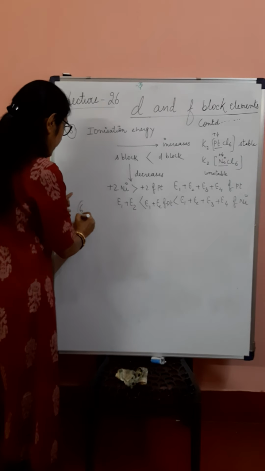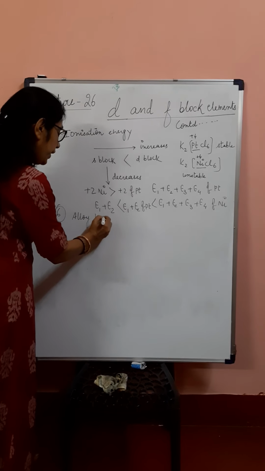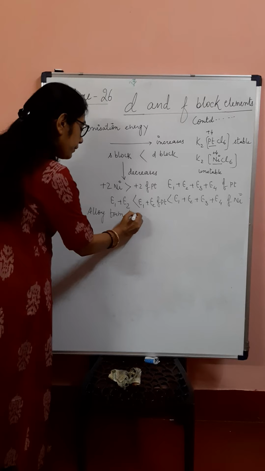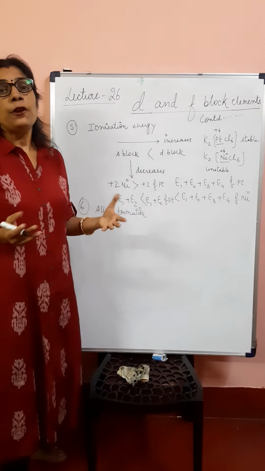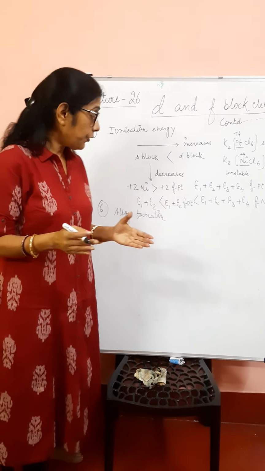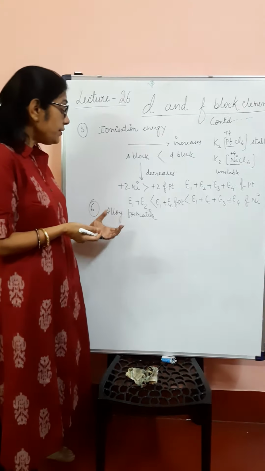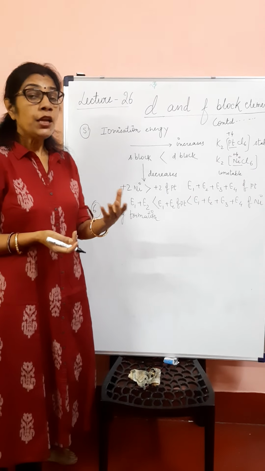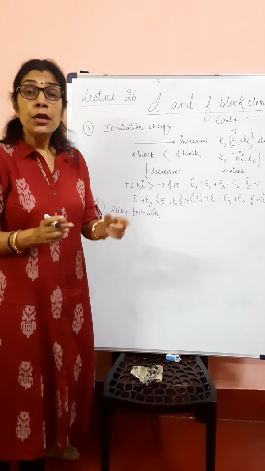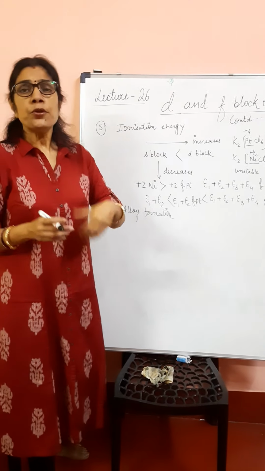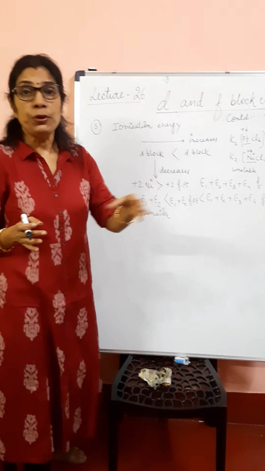Now next is alloy formation. Everybody knows how we define an alloy. Alloys are homogeneous mixtures of 2 or more metals or non-metals. You can see brass. What is the composition? Copper and zinc. Bronze, copper and tin. So most of the alloys have transition metals included in them.